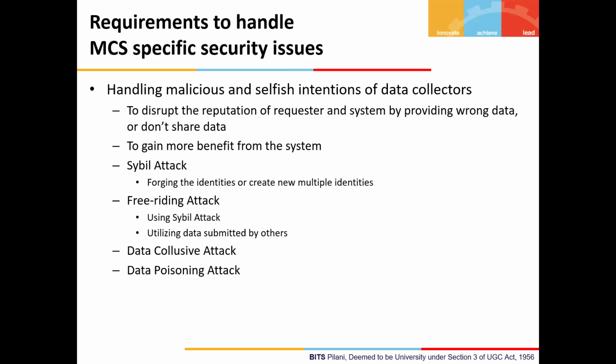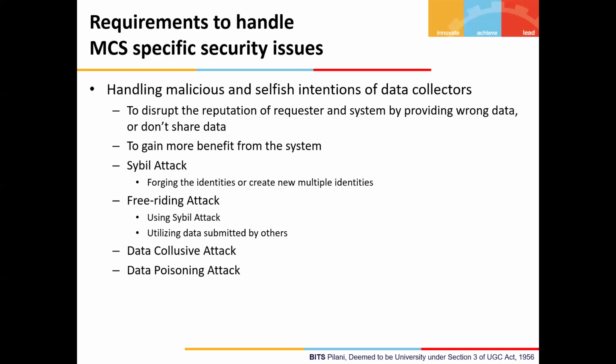So here the attack that is possible is the Sybil attack. How is a Sybil attack possible? In a Sybil attack, they can create multiple identities and enter the system with those identities. Let's say I'm a data collector. I have created 10 identities and I use these identities in this system.